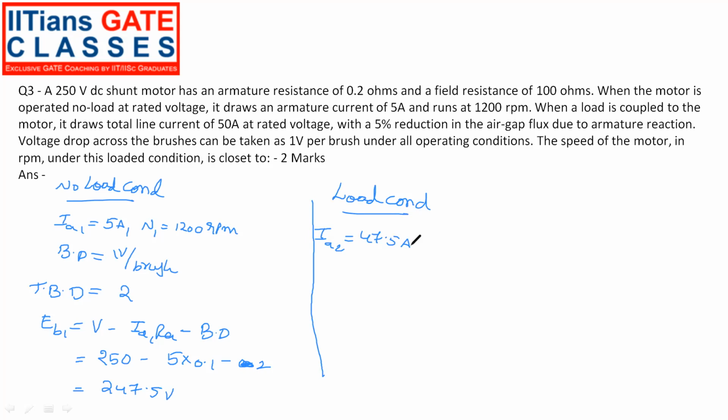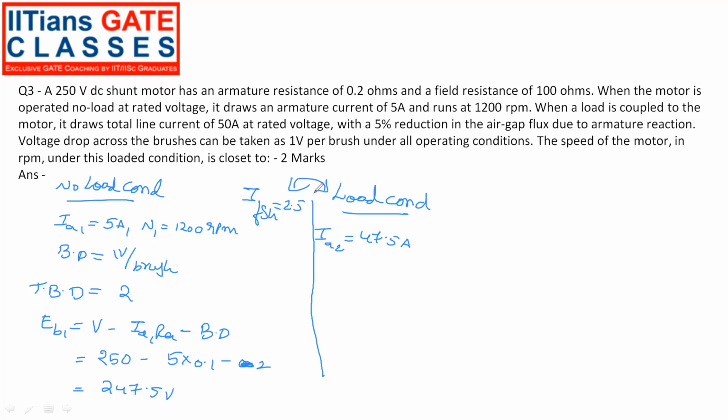Because this is a shunt motor, right? So for a shunt motor, the field current will always be constant. If you take the shunt field resistance as 100 ohms and supply as 250 volts, and divide, we'll be getting shunt field current of 2.5 amps. Let's say IFSH is 2.5 amps. In both the cases, it will be the same.